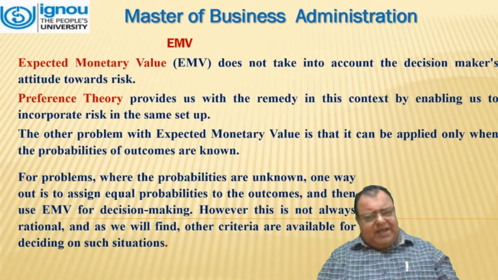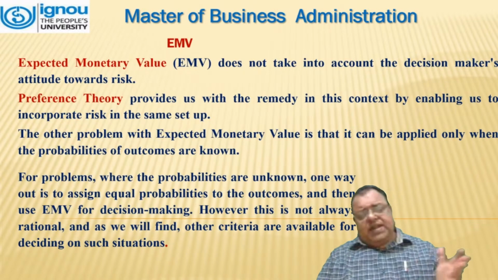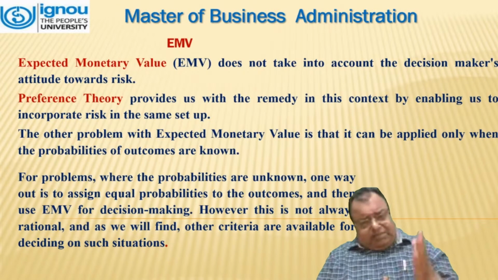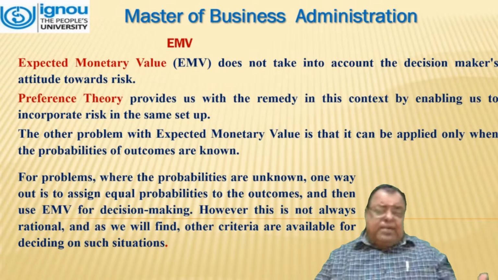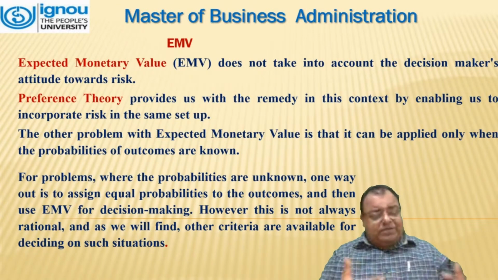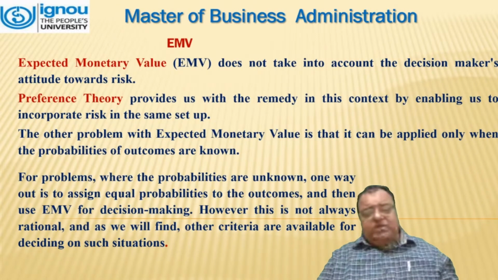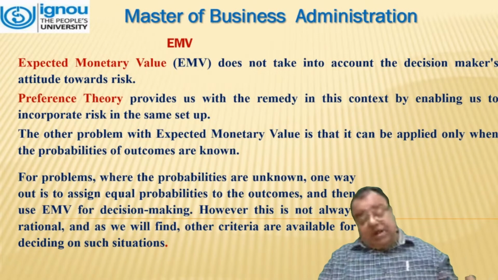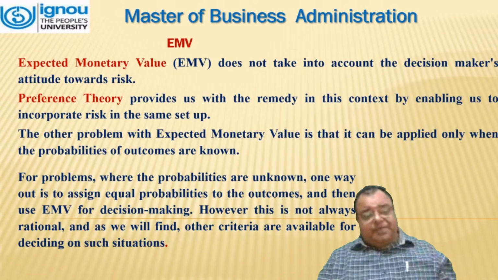This does not take into account the decision maker's attitude towards risk. Preference theory provides us with a remedy in this context by enabling us to incorporate risk in the same setup. The other problem with expected monetary value is that it can be applied only when the probabilities of outcomes are known.